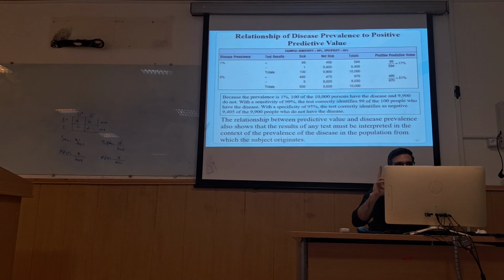Imagine you have two different populations, for example, the prevalence of breast cancer in Iran and in another country. The prevalence of disease in Iran, for example, is 1%, and in another country is 5%. Even if you have the same test with the same sensitivity and specificity, positive predictive value can be different among these countries.